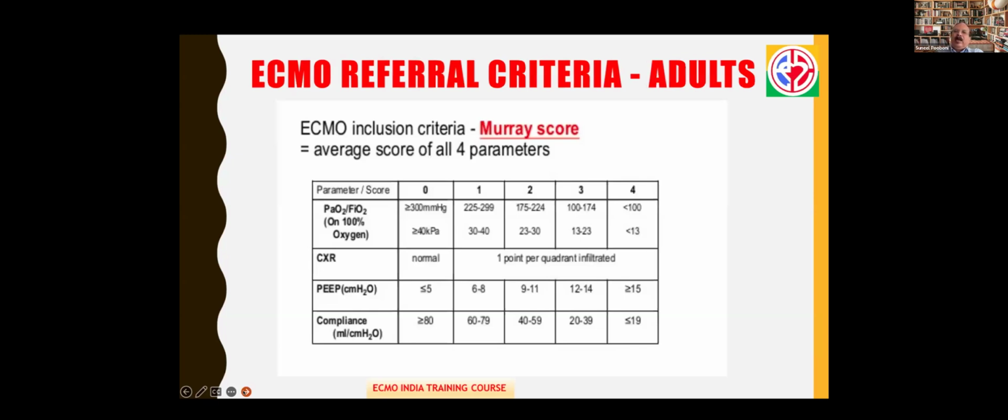In adolescent as well as in adult population, we go by Murray score to decide about qualifying criteria for ECMO. Murray score has got 4 parameters.